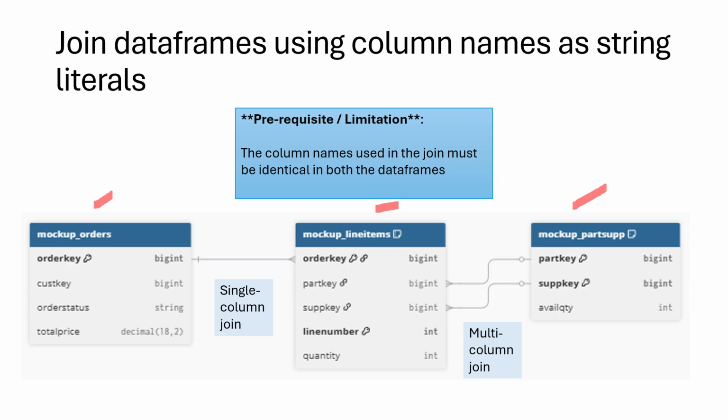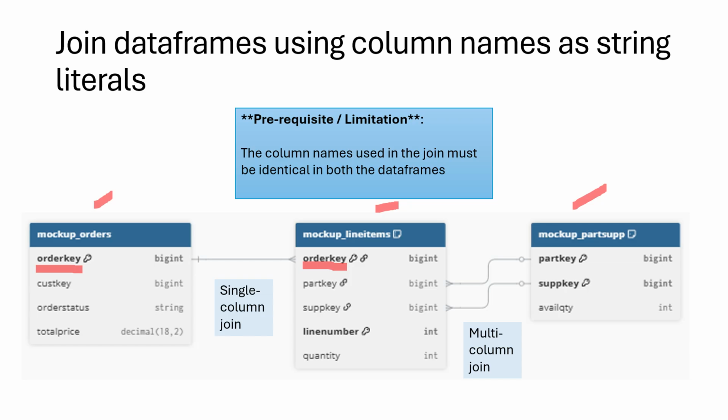For example, here we want to join the orders data frame using the order key to the order key in the line items data frame. So in this particular scenario, the column name which we want to specify in the join condition is exactly the same between the two data frames. So that way we are okay to use string literals in the join condition.